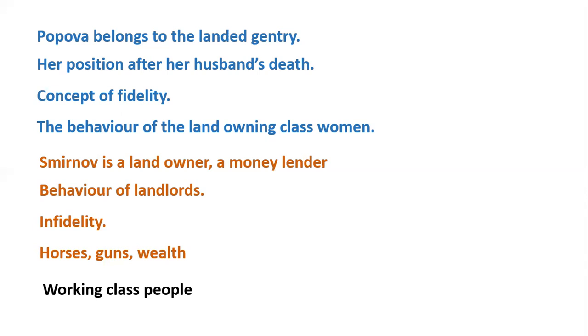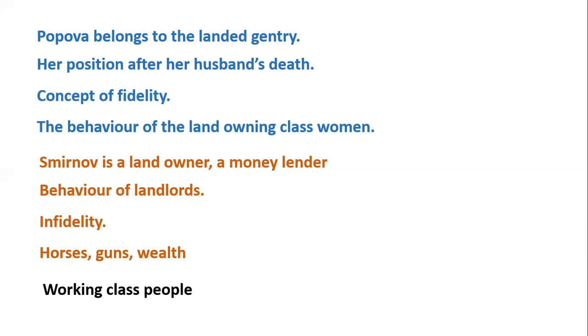And we have guns and pistols. That is another feature in their society. Here Popova is ready to shoot him but doesn't know how to shoot. Actually, it is quite funny, and we will talk about those humorous scenes later.